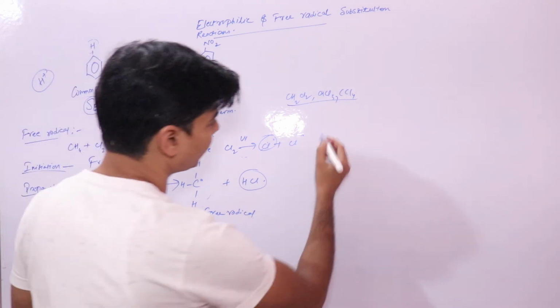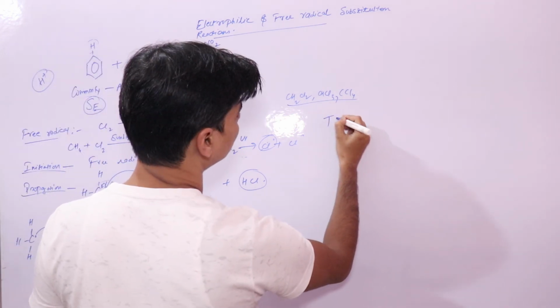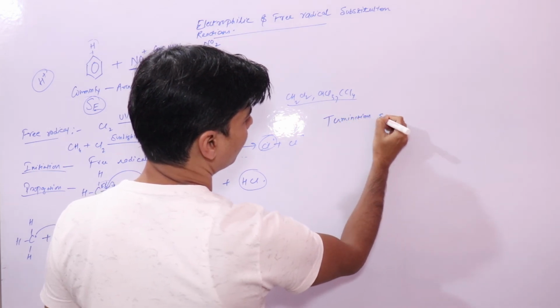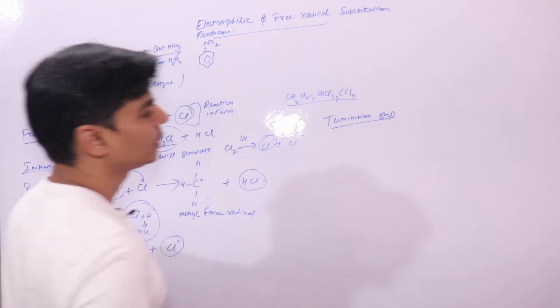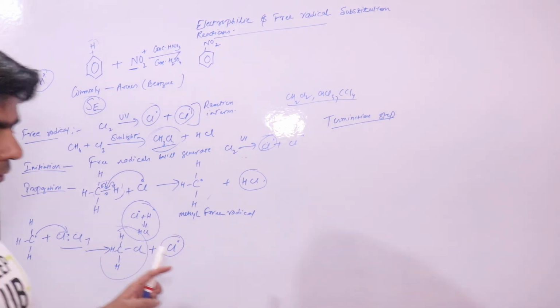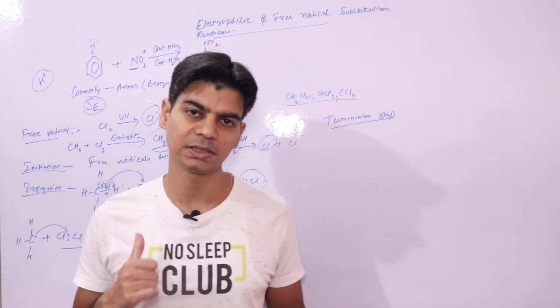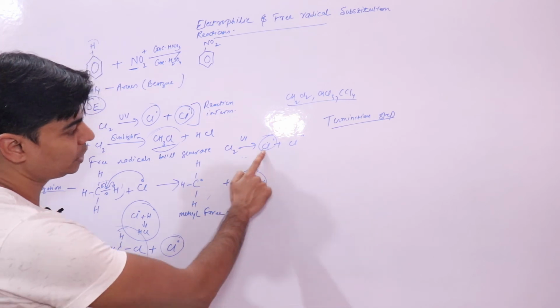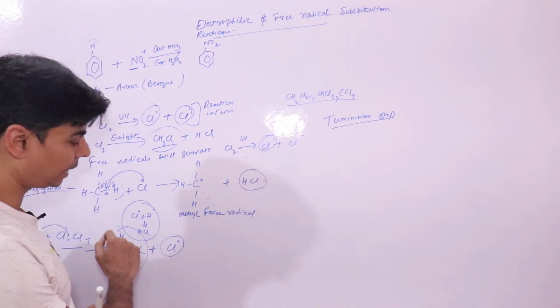Now in the final step, which is your termination step, the formation of these free radicals will end somehow. Because we have two types of free radicals in this chain reaction: one is chlorine free radicals, the other is methyl free radicals.